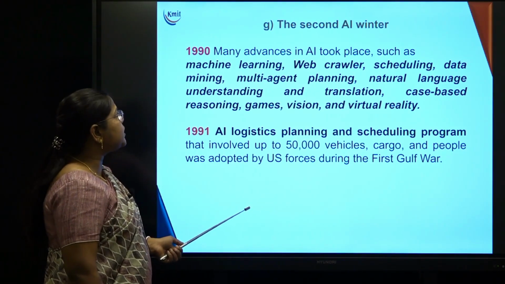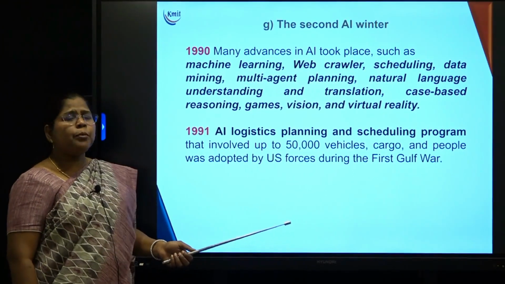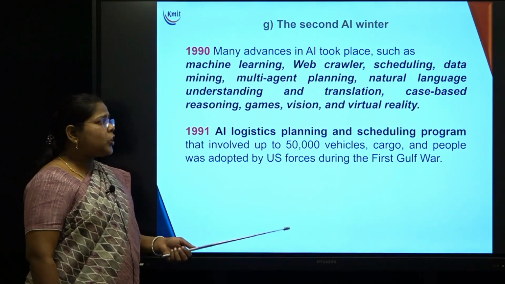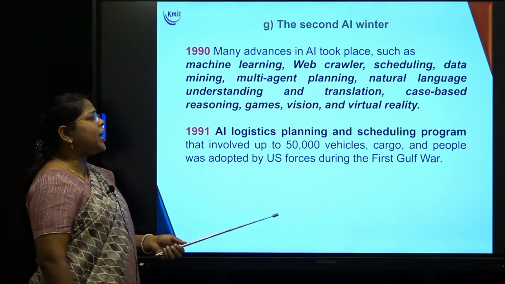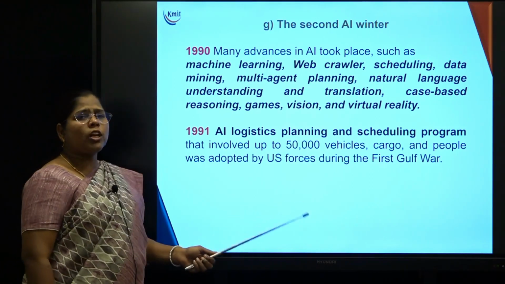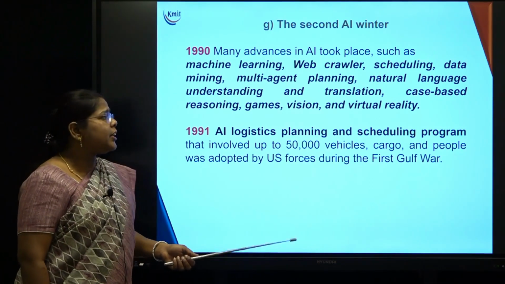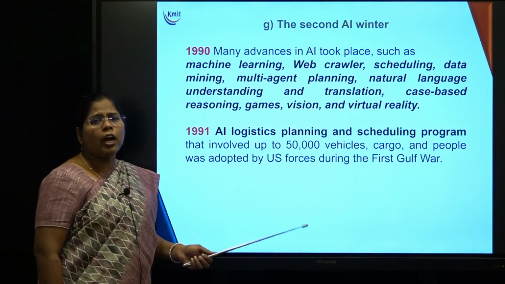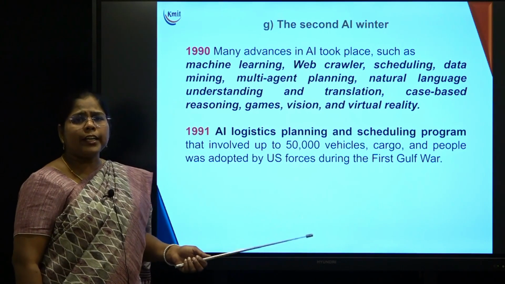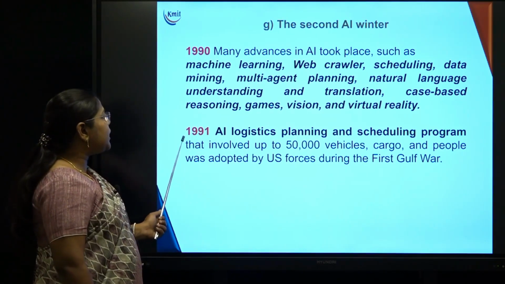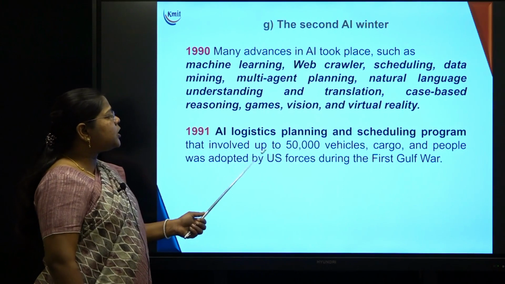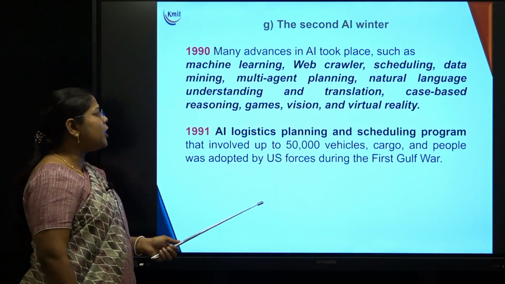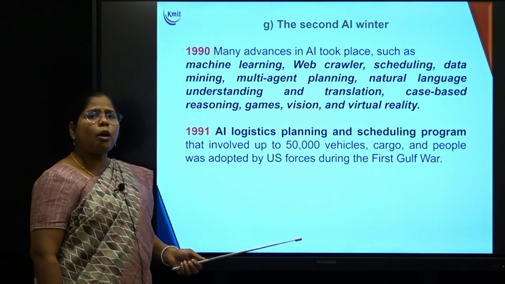In 1996, machine learning emerged, and there were scheduling algorithms, translation algorithms, games, vision technology, virtual reality, and they started giving case-based reasoning and inductive learning.